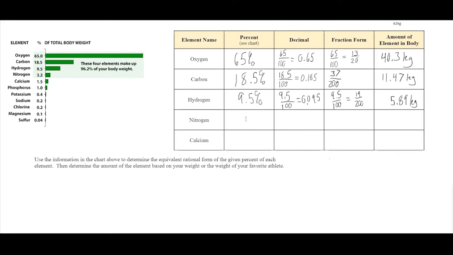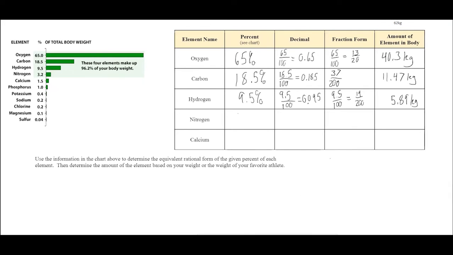In this video, we'll continue practicing the conversion between percents, decimals, and fractions, given the element percent of total body weight that we started in the last video. For nitrogen, we have 3.2%. In decimal notation, we move the decimal over 2 spaces to the left, which gives us 32 thousandths.